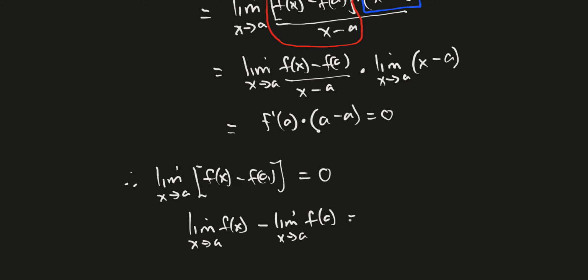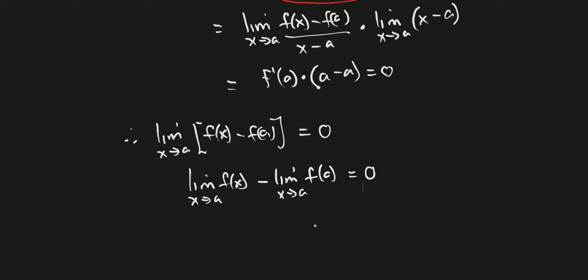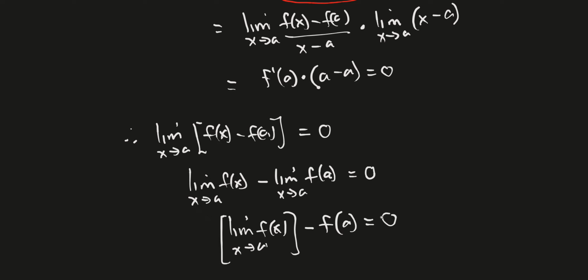So because f of a is a constant, the limit of that constant is the same constant, which is f of a. So let me write that more clearly. The next step is this: the limit as x approaches a of f of x, that's the first term, minus this constant is equal to 0.